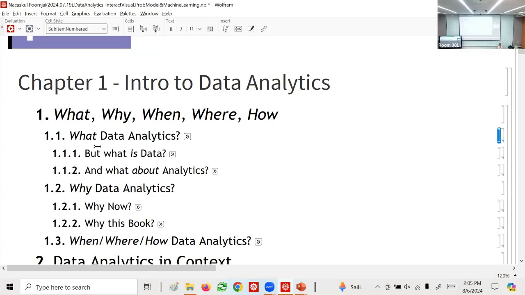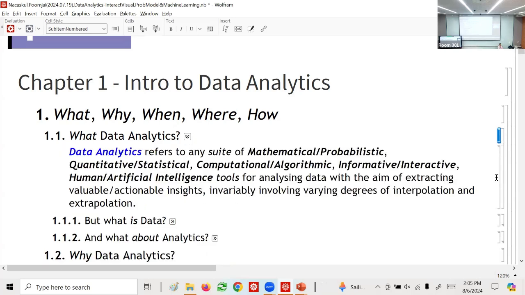Okay, so what's data analytics? What's data? What's analytics? You don't have to write this down because I'll probably give you this text. It refers to a suite of mathematical or probabilistic, quantitative, statistical, computational, algorithmic, informative and interactive, human or artificial intelligence tools.